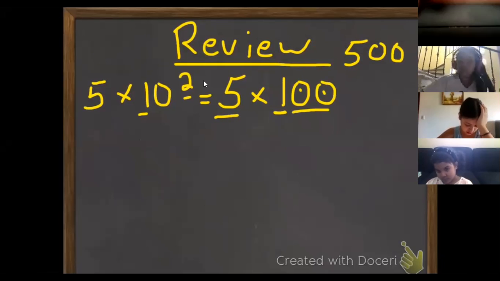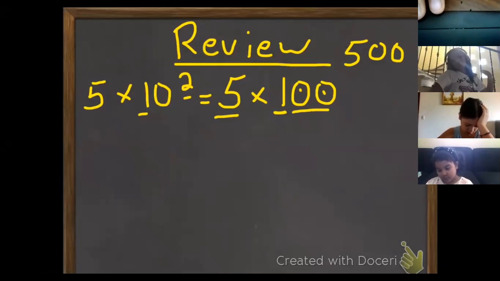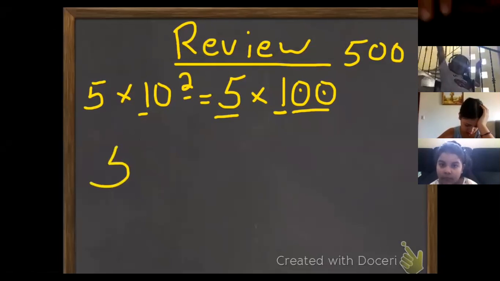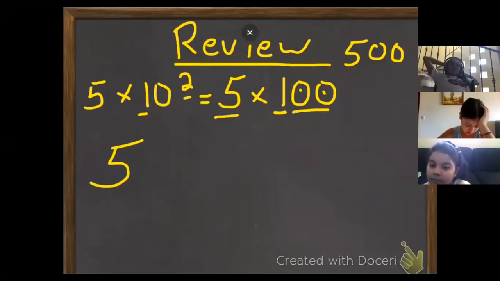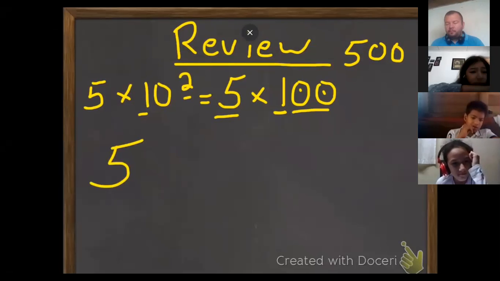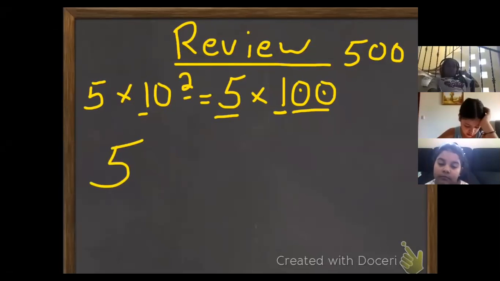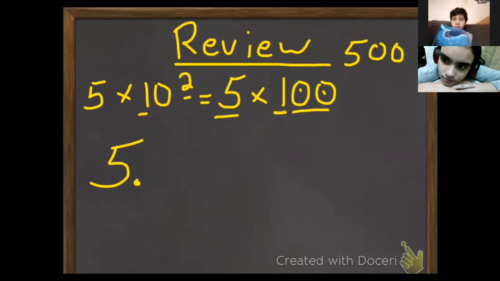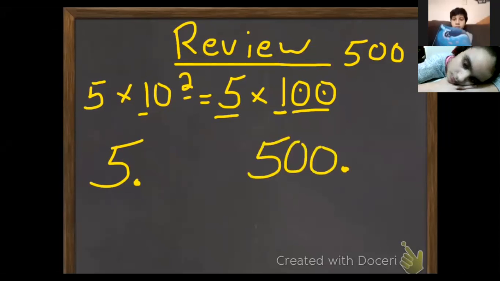But why does that trick work? Why is that what we've been saying? Well, let's look at the number 5. We know that every single number has a secret hiding decimal behind it. So in the number 5, there's a decimal right there. In the number 500, there's a secret decimal right behind it as well. So what's going on here? Originally, the 5 was in the ones place.